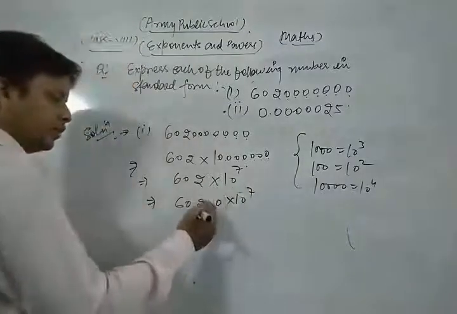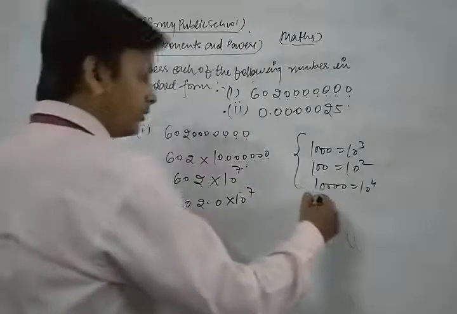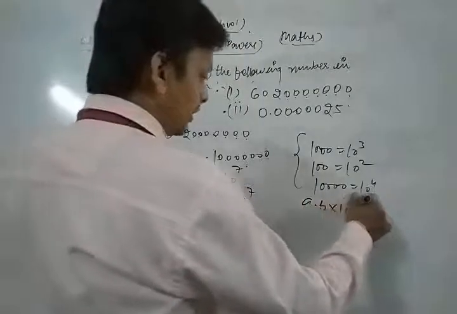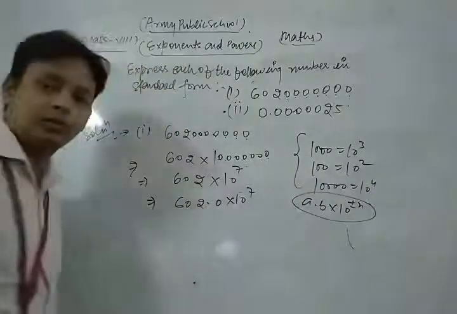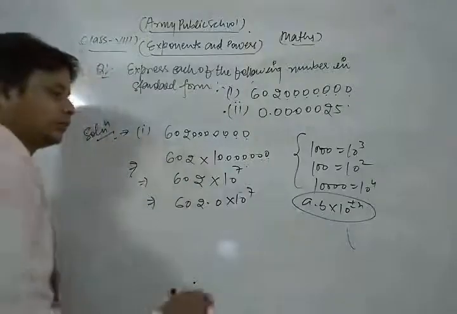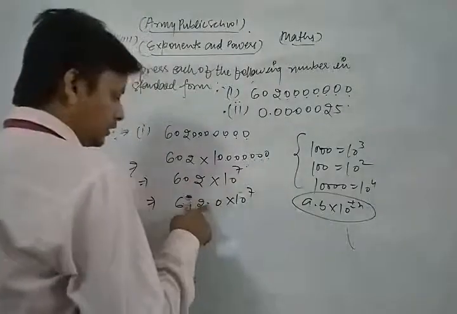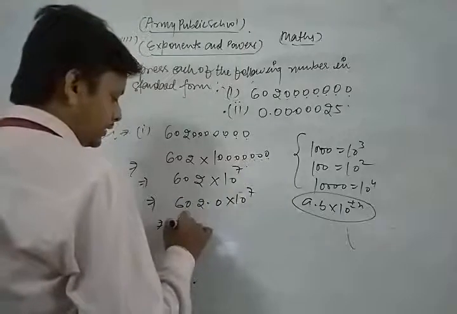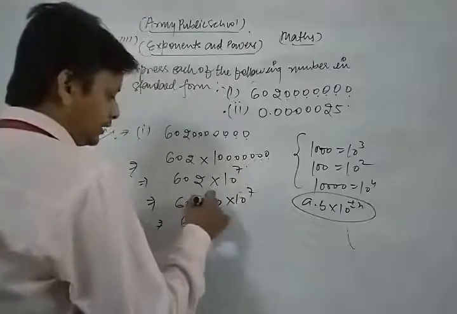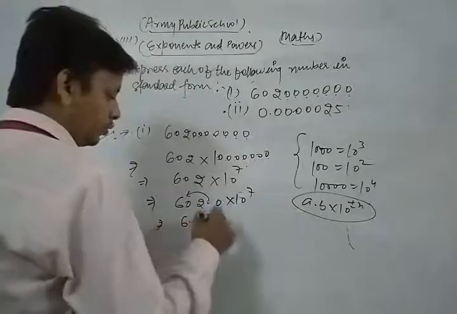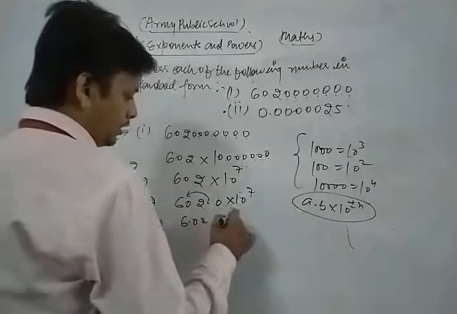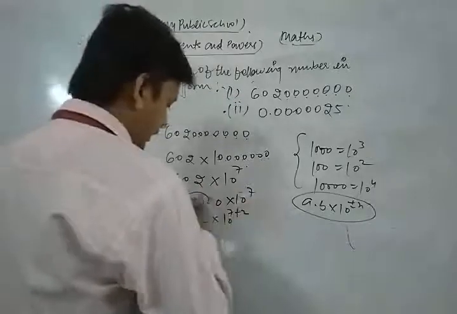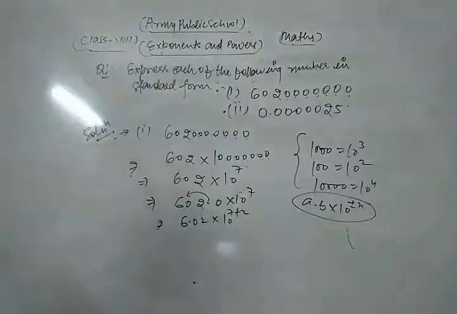Any number in the form a point b into 10 to power plus minus x is the extended form. So we transfer the decimal. Then we get 6.02. Taking the decimal 2 positions left, we add plus 2 in the power of 10.